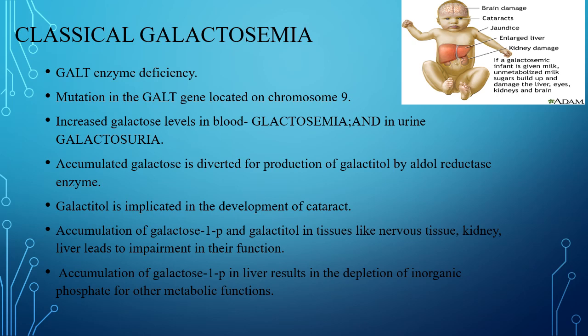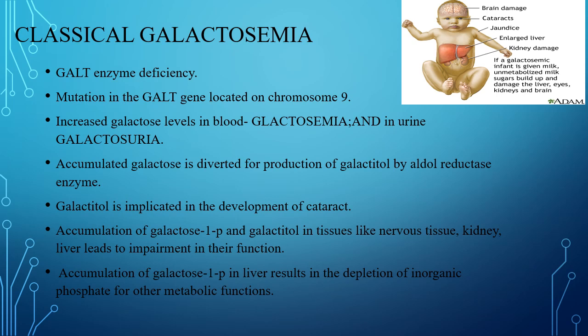So galactose will start accumulating in the blood, leading to galactosemia, and it is also excreted in the urine, known as galactosuria. How is this galactose responsible for these clinical features? Galactosemia mainly affects the brain, the eyes, liver and the kidneys.